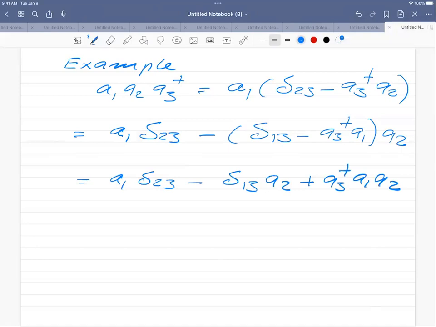Now, if you look at what we have, this is a very interesting result, because you can write this in a very special way. So you can write the first term as a normal order product of the operators A1, A2, and A3 dagger, but where you now have one contraction here.